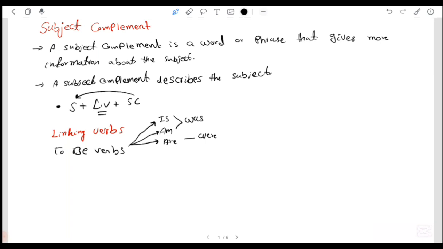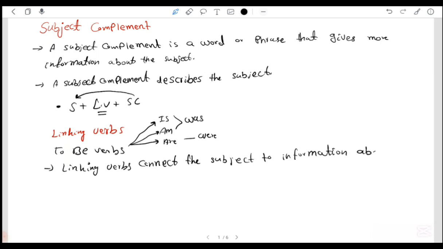Linking verbs connect the subject to the information about the subject, as I have defined previously, but let me write that, as some of you may need it. Linking verbs connect the subject to information about the subject.